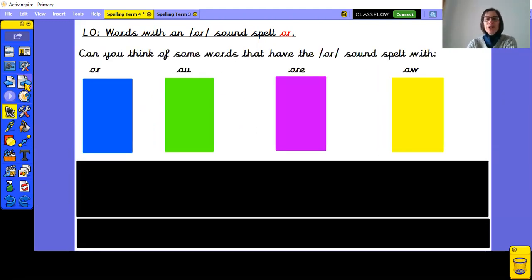So first, I'm challenging you to find 5 words that have the O sound spelled O-R, 5 words that have the O sound spelled A-U, and so on. 5 words with the sound O spelled O-R-E, and 5 words with the sound O spelled A-W. So pause the video and see how many words you can find.